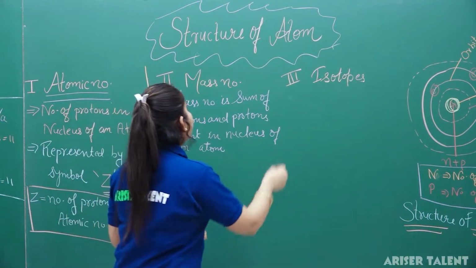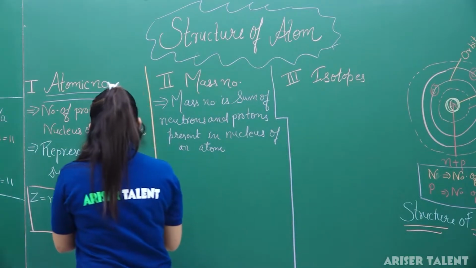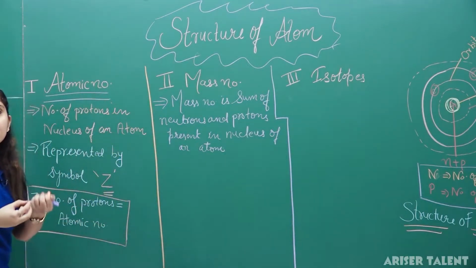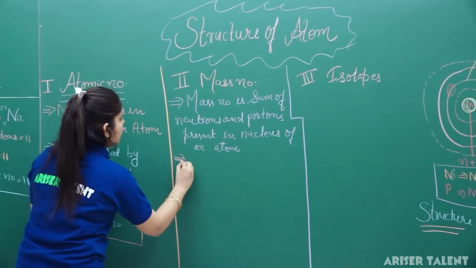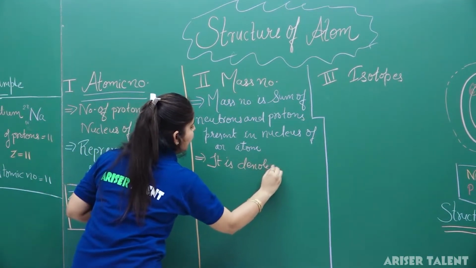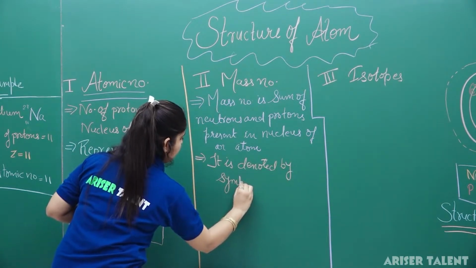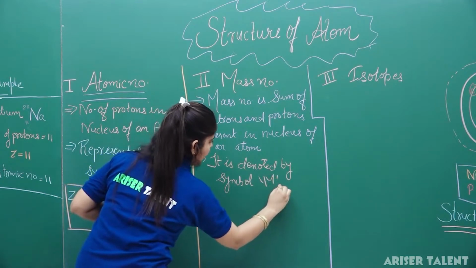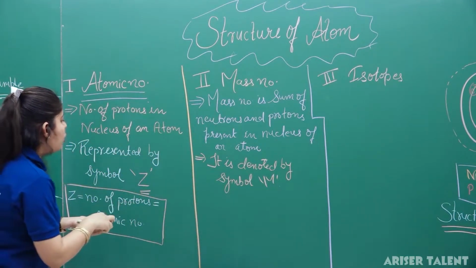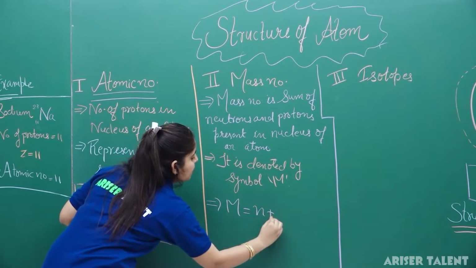So the mass number of the element is n plus p. Mass number is denoted by the symbol capital M. We can write the mass number of an element as M equal to n plus p.